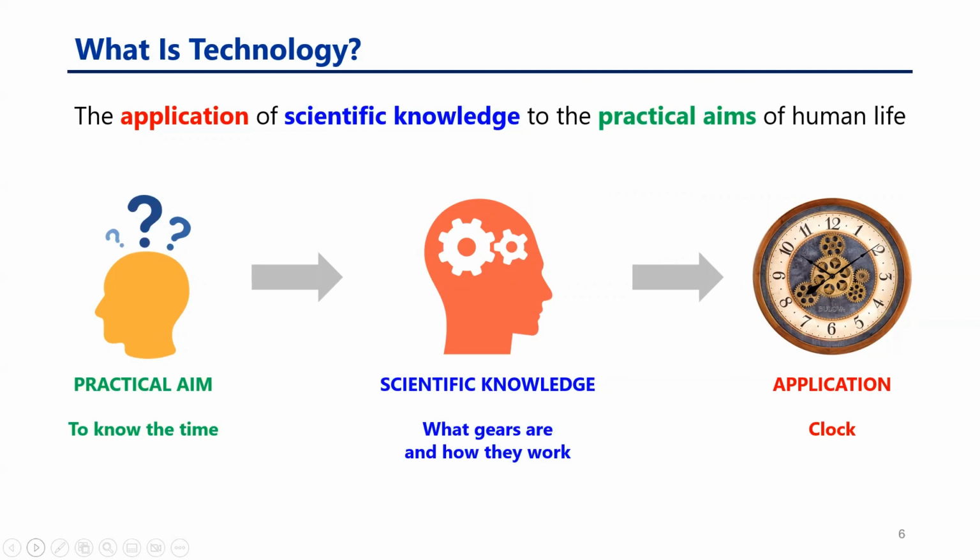We have some scientific knowledge about what gears are and how they work. We can apply that scientific knowledge to achieve our practical aim and create a clock that uses gears to tell time. So this process is technology, and the clock itself is technology.